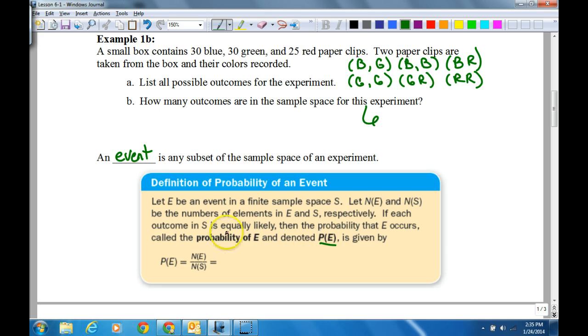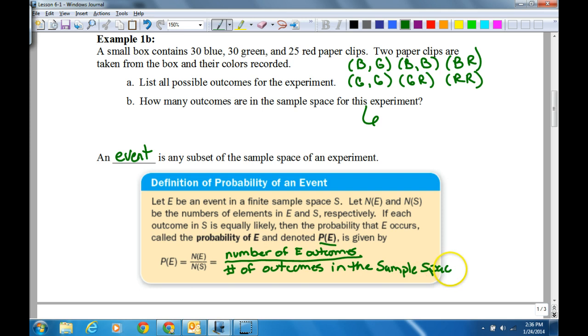In other words, you're going to take the number of possible outcomes in the event, the number of E outcomes, over the number of outcomes in the sample space, to find the probability of E happening. I'll give you an example in a minute.